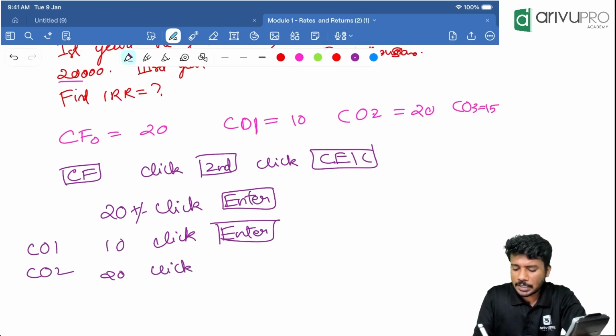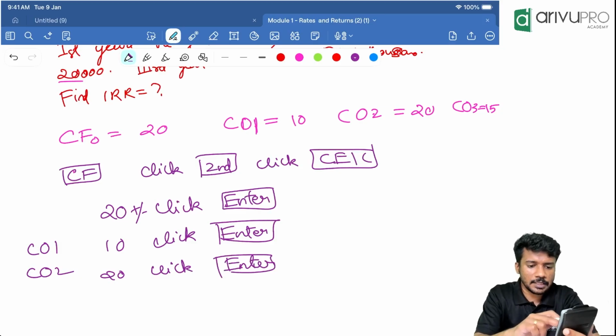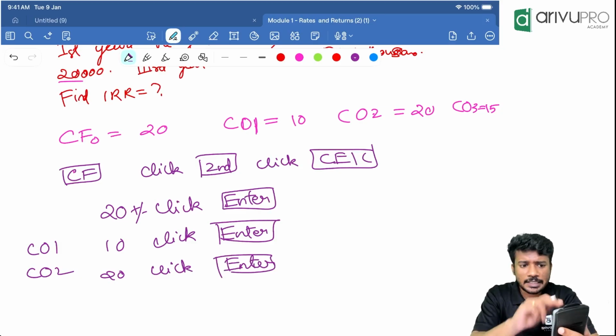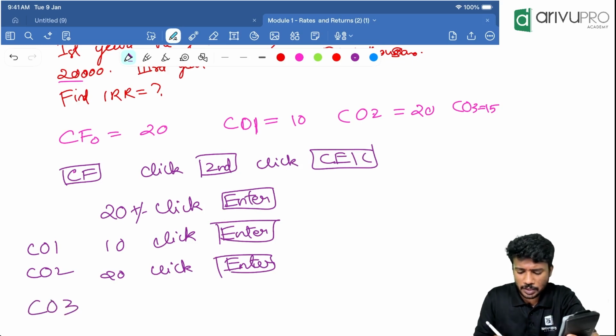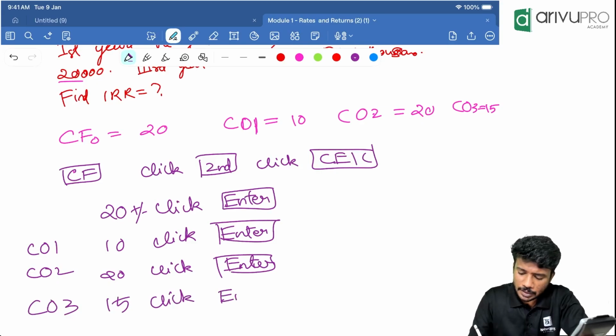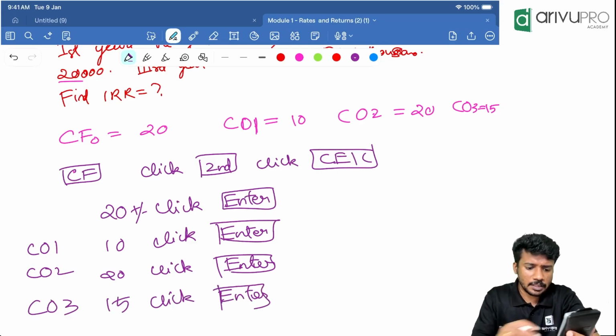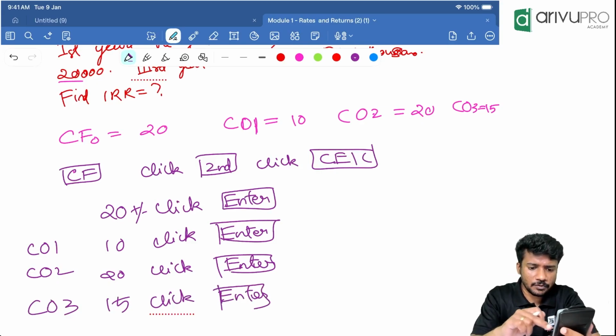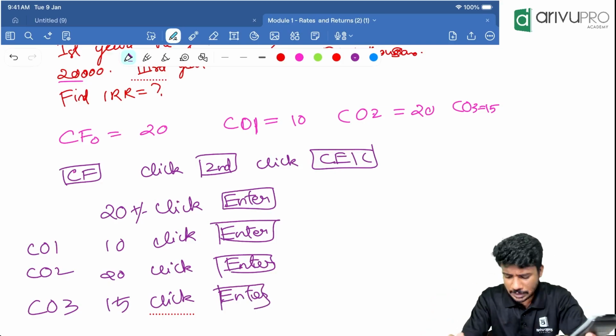Type 20, click enter. Then come down. FO2 is anyway 1. Then CO3, the inflow for the third year, is 15. Click enter. Then come down. Anyway, FO3 is directly given.